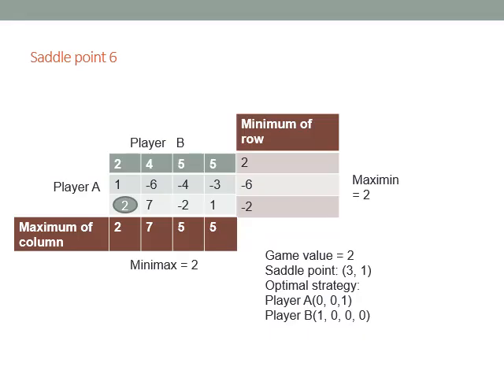That's why 0-0-1. Player B will choose strategy number 1. The remaining must equal 0-0-0. So 1-0-0-0.